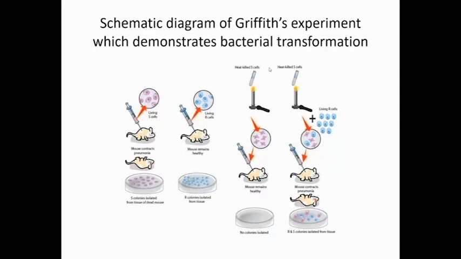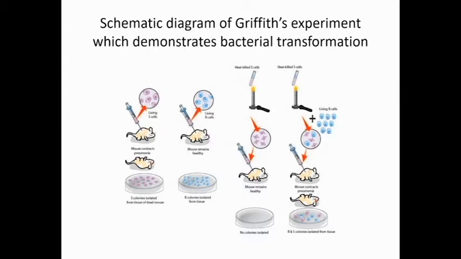And if he used heat to kill the S cell and then injected it into the mouse, the mouse lived, because all the cells were dead. However, if he used heat to kill the S cell, and then mixed this material with live R cells, after the incubation, then injected into the mouse, the mouse died.